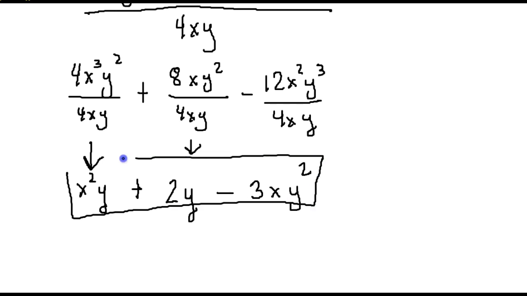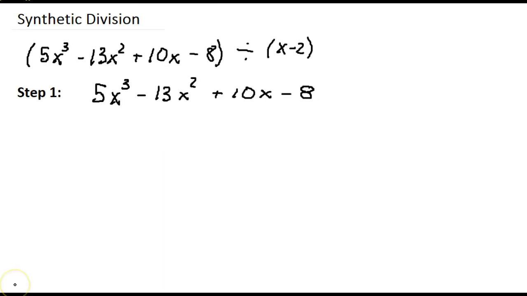That is our simplification. All right, now we're going to look at something called synthetic division. Again, we're going to be dividing a polynomial by a monomial. So synthetic division is a simpler process for dividing a polynomial by a binomial. So suppose we have a polynomial, in this case a trinomial. We have 5x cubed minus 13x squared plus 10x minus 8, and we want to divide that by x minus 2.